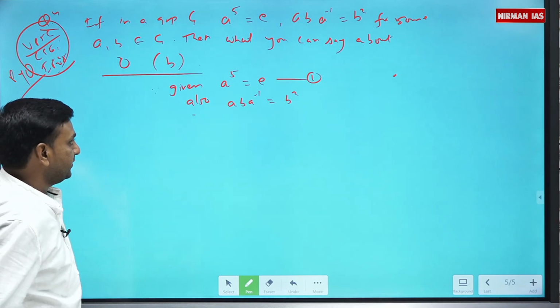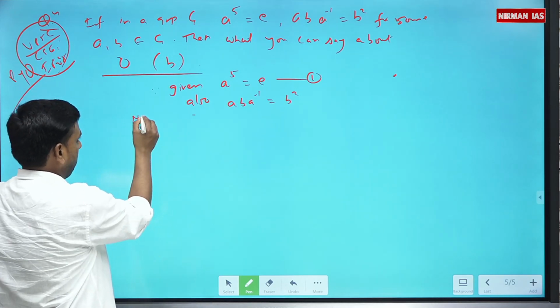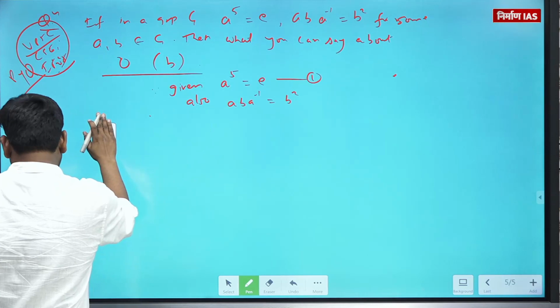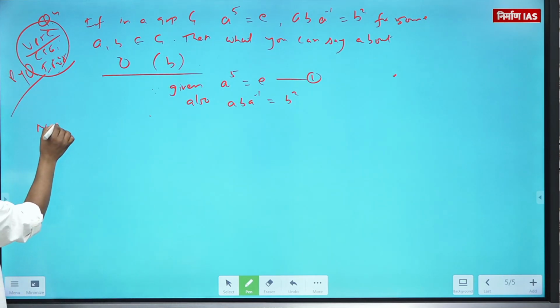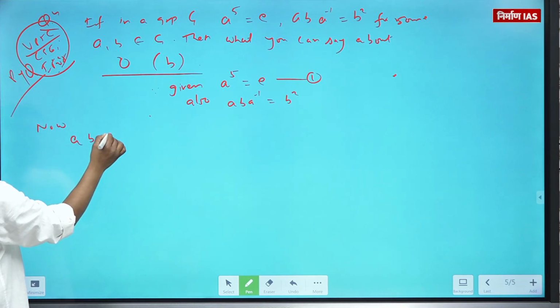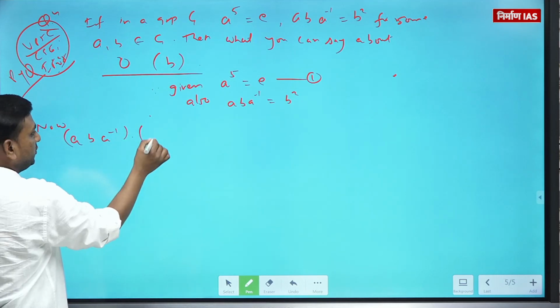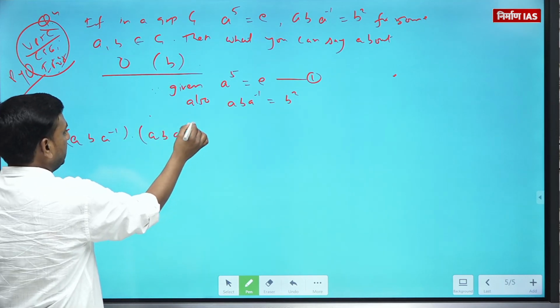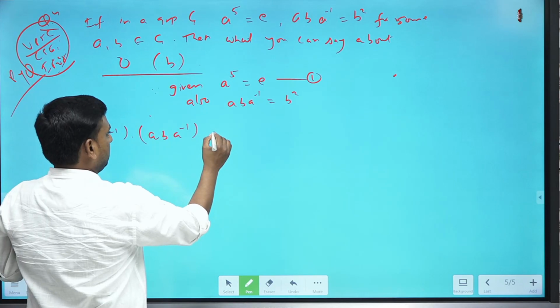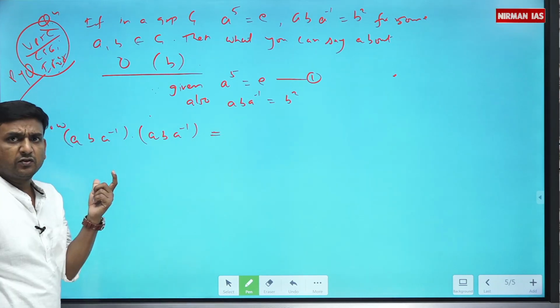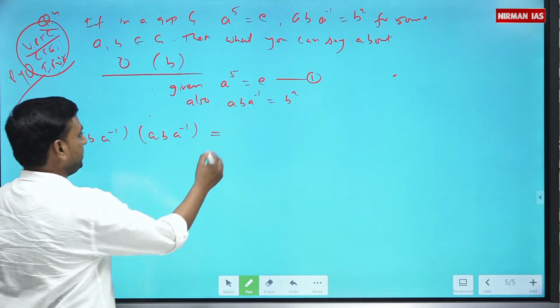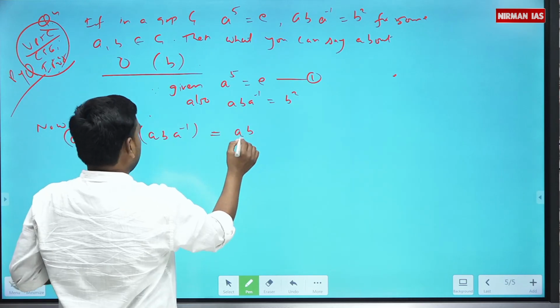What I'm going to do now is start from here: A inverse composition B composition A inverse. Since A and B are elements of the group, this follows associativity.